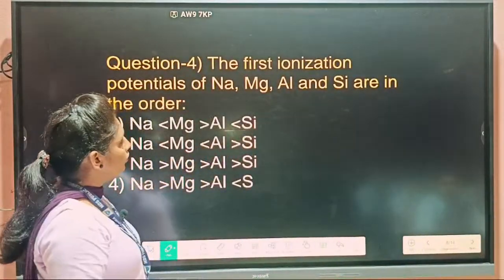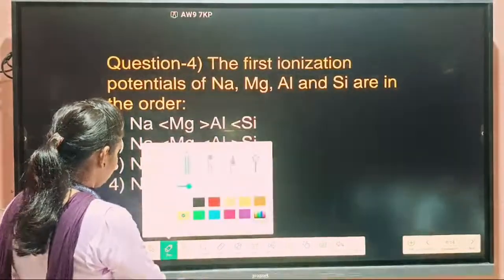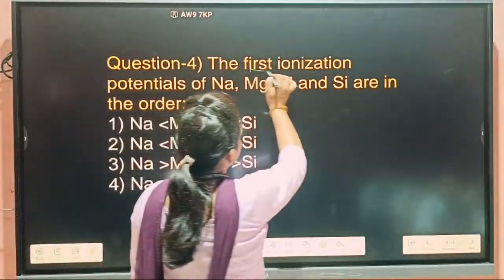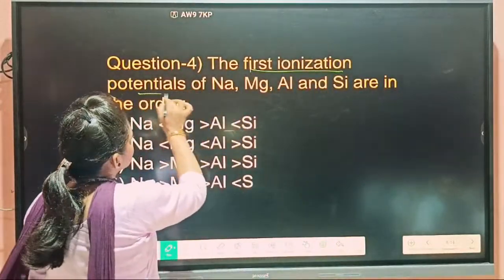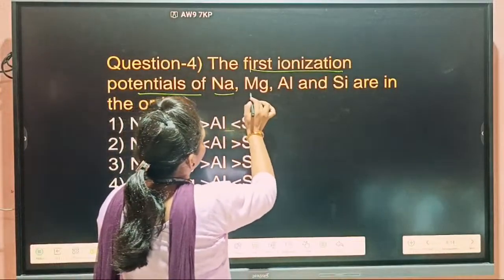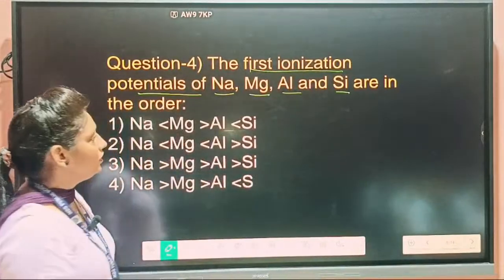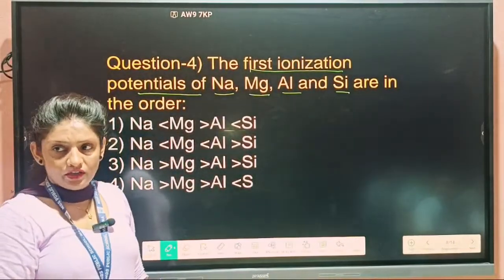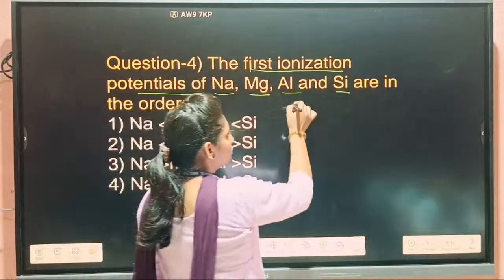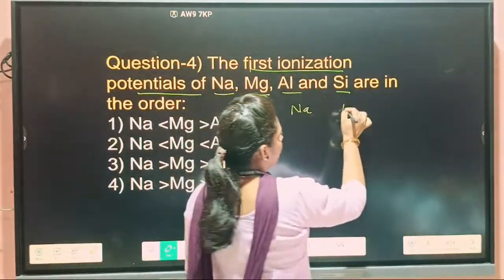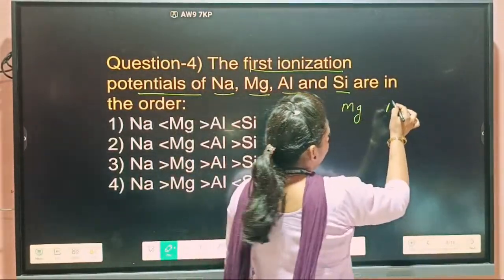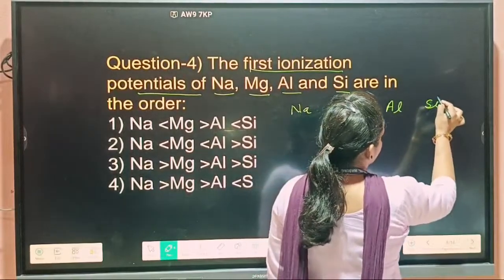Here question number 4 is: the first ionization potentials of sodium, magnesium, aluminium and silicon are in the order. Okay, so here sodium, magnesium, aluminium and silicon.